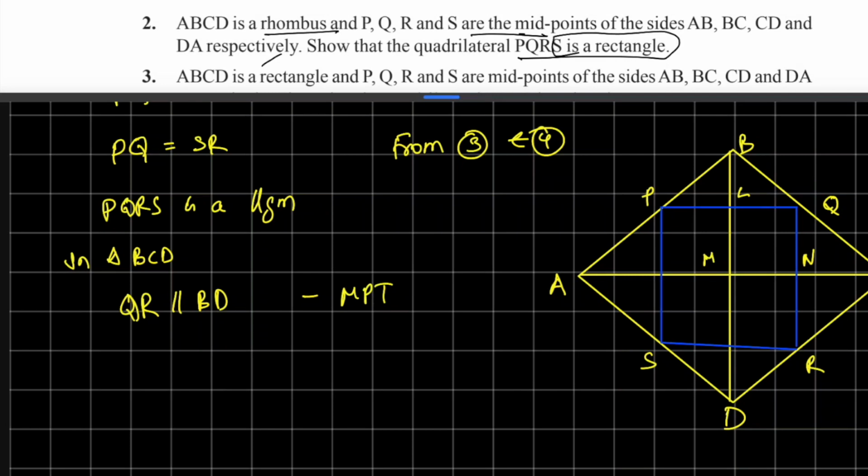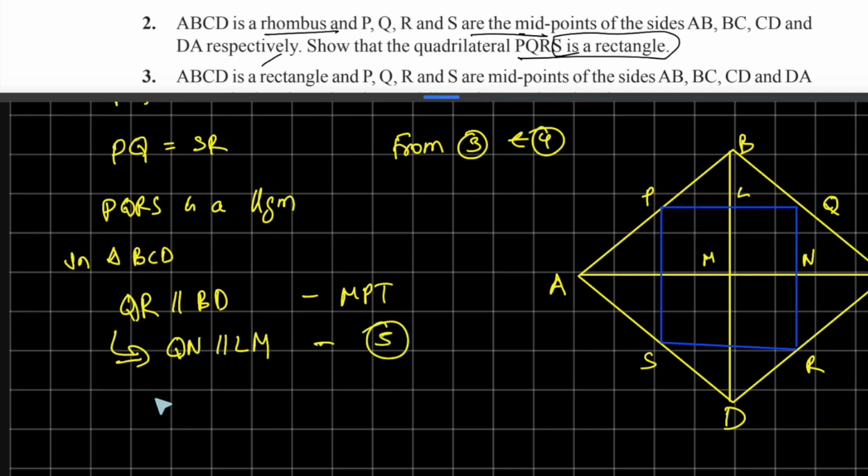This implies that line QN is parallel to LM. Name it as fifth.